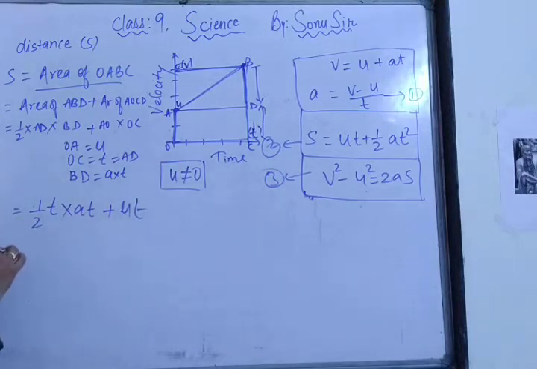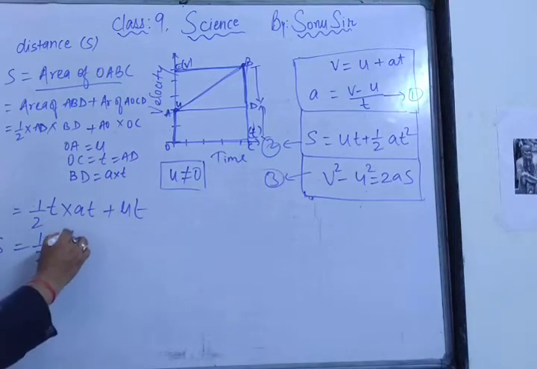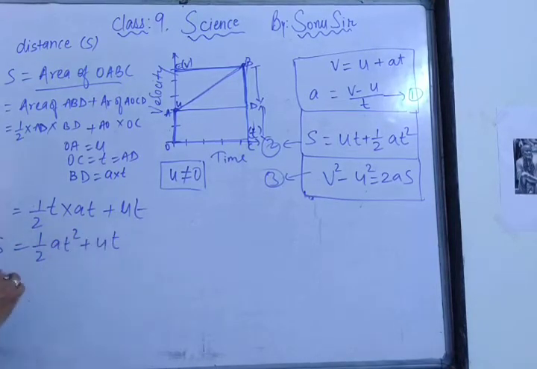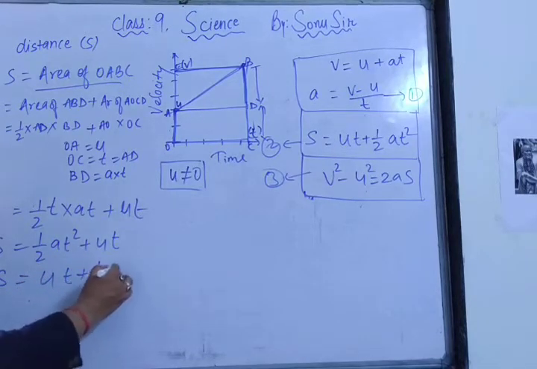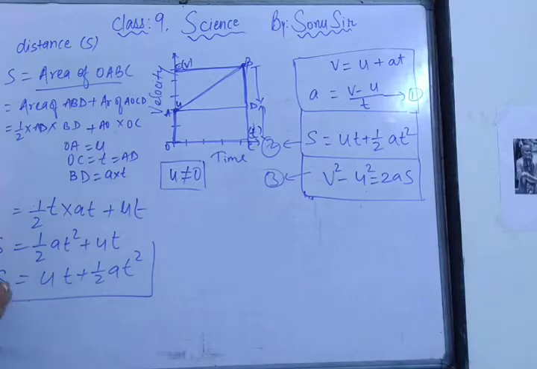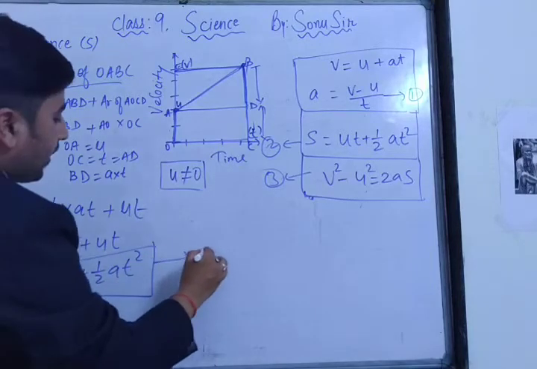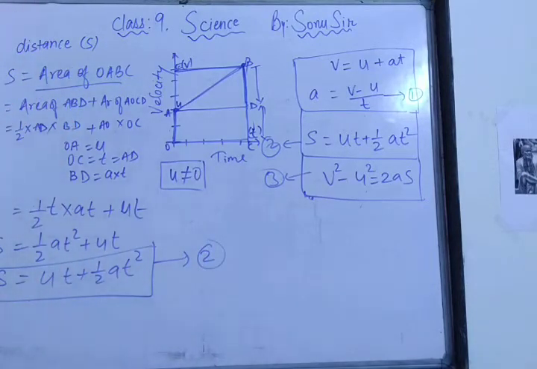So s is equal to half at square plus ut, that is, s is equal to ut plus half at square. So this is our second equation of motion, s is equal to ut plus half at square.